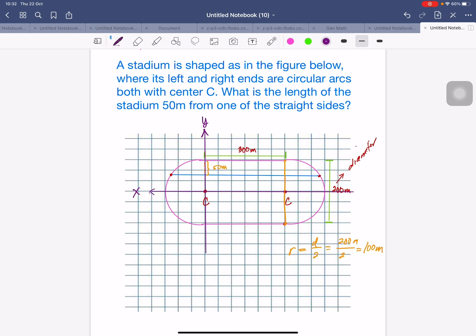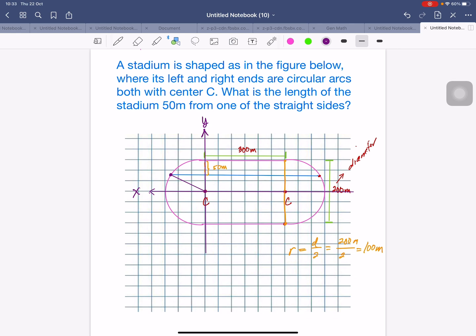Now, r is equal to 100. From this point here, going to the center is your radius, by definition of radius, a line segment drawn from the center to any point on the circle.